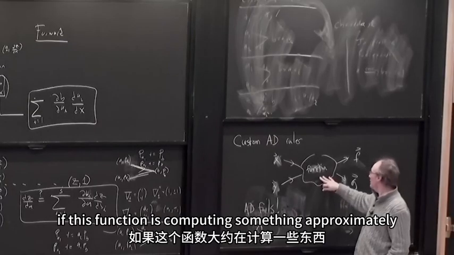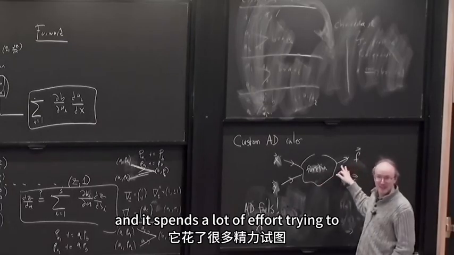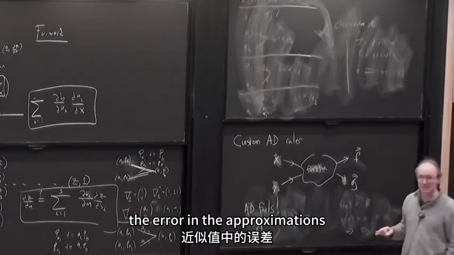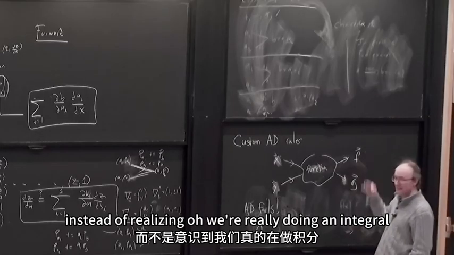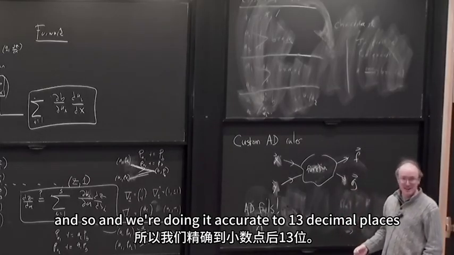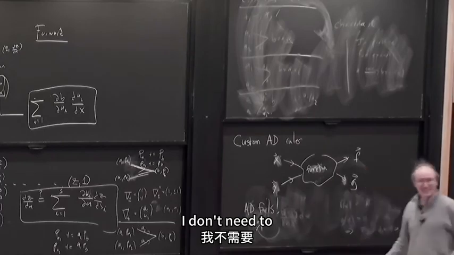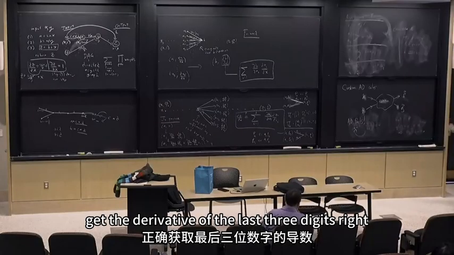That can happen if this function is computing something approximately, and it spends a lot of effort trying to exactly differentiate the error in the approximations, right? Instead of realizing, oh, we're really doing an integral, and we're doing it accurate to 13 decimal places, I don't need to get the derivative of the last 3 digits, right?